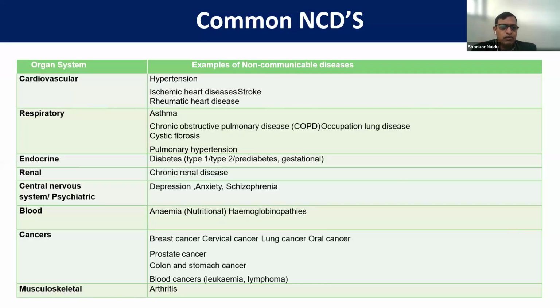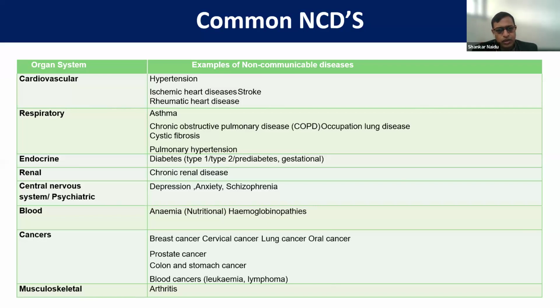So this is a list of various non-communicable diseases that we come across. This is not specific to PLHIV per se, but this is what we usually see in the general population as well. The commonest are the cardiovascular, respiratory, and endocrine diseases. Among the cardiovascular are hypertension and ischemic heart diseases, what we call heart attacks.